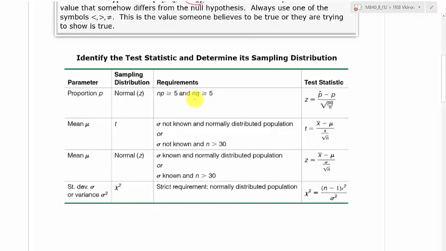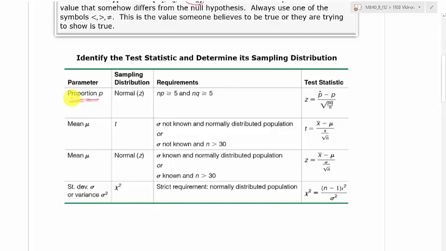In this table we have the different sampling distributions and test statistics that we might use. So if we want to do a test about a proportion, a good example of a proportion would be the Mendel peas. If a problem were to say that there were 300 green peas and 100 yellow peas, that would be an indication that you would be using a test about a proportion.